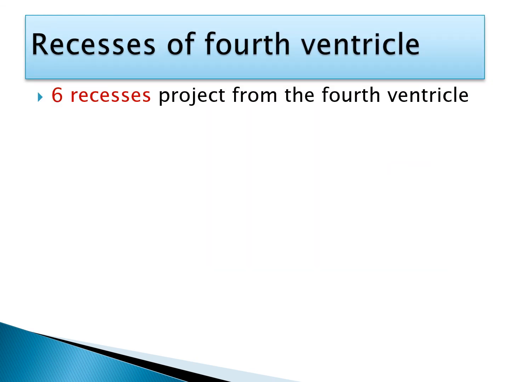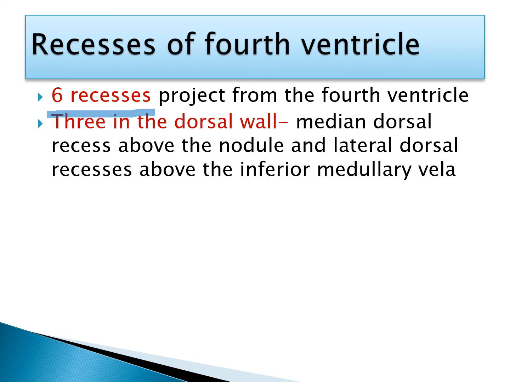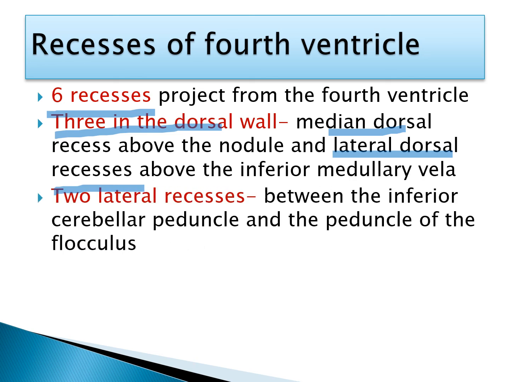So the last part of the fourth ventricle, we have 6 recesses present in the fourth ventricle, 3 in the dorsal wall, median dorsal recess above the nodule and 2 lateral dorsal recesses above the inferior medullary vela, 2 lateral recesses and a recess behind the obex. So that is how we have the 3 recesses in roof, 2 lateral recesses and 1 ventral and 1 recess behind the obex.